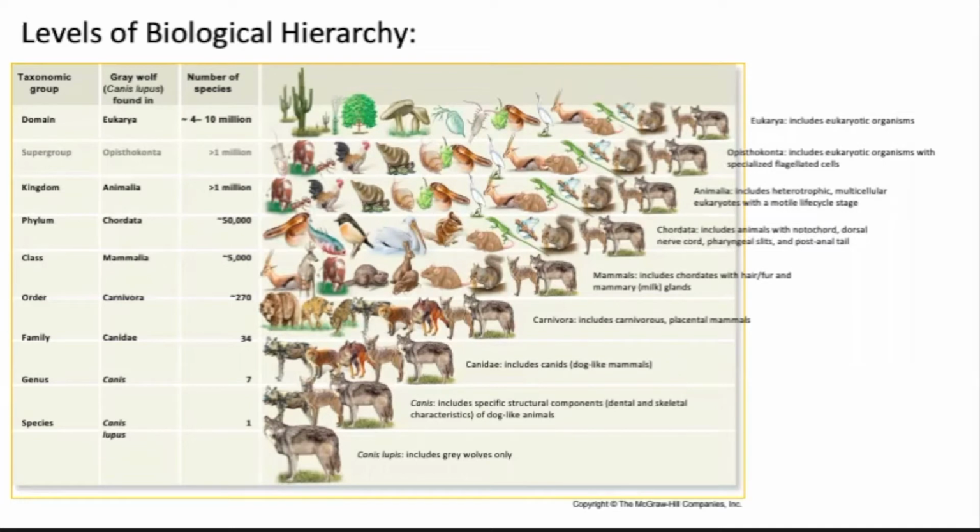And when we get down to the bottom, as specific as it gets, we have the gray wolf, whose scientific name is Canis lupus. So that's pretty much how it works. We're definitely going to be touching on this more over the course of our semester, so prepare yourself now and become very familiar with it.